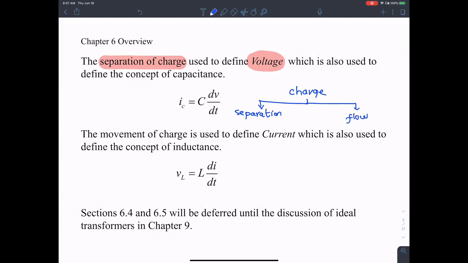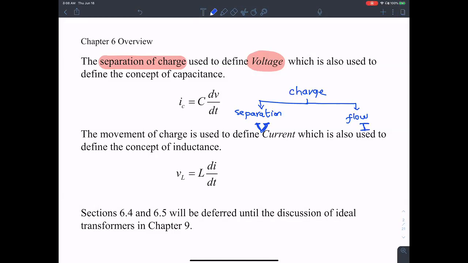Two things can happen with charge. Charges can be separated, and that leads to voltage. Voltage is an artifact of separation of charges. Current is an artifact of flow of charges, the rate of flow of charge. That's what we define to be current.